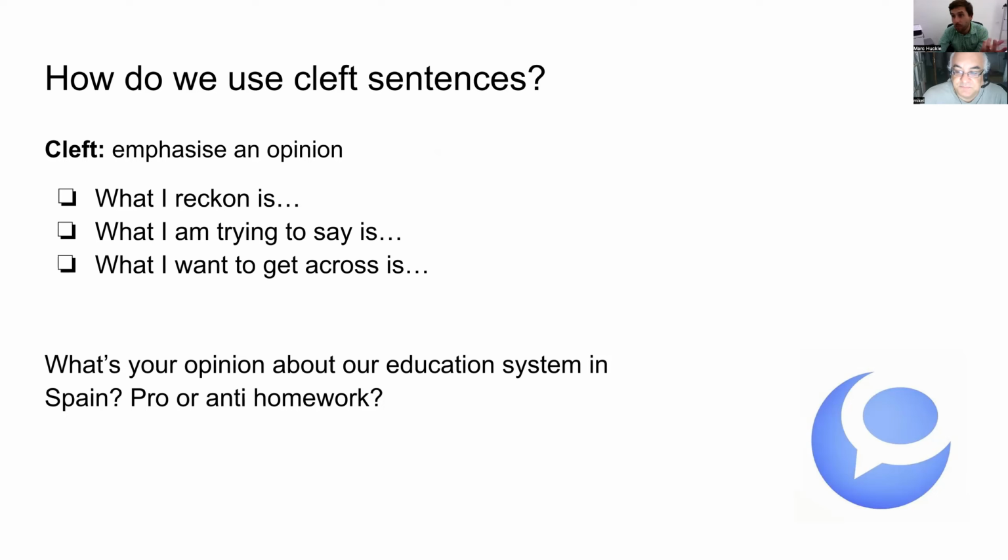So a great way to use a cleft sentence. What I reckon is that the government needs to improve the system and they need to provide more resources and more funding, you could say. That's a fantastic way to give your opinion using a cleft sentence. Now, again, in C1, we see this a lot.